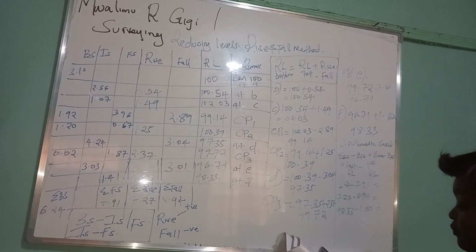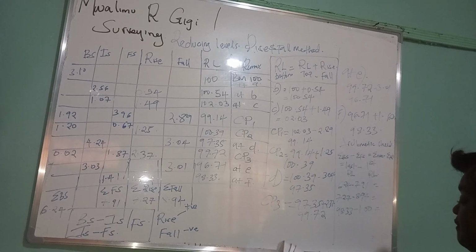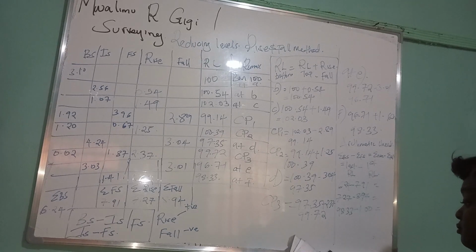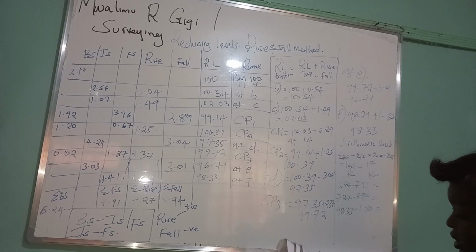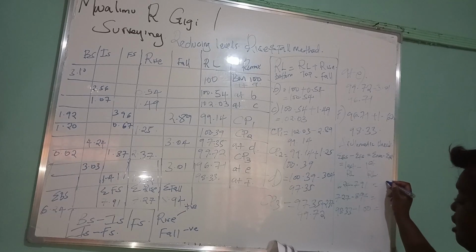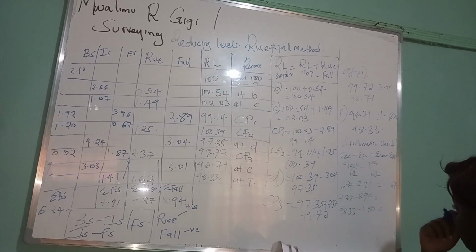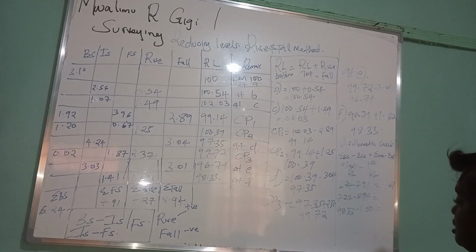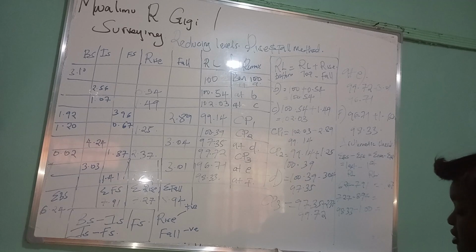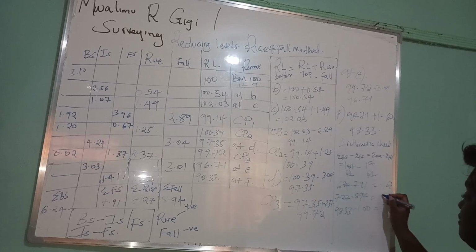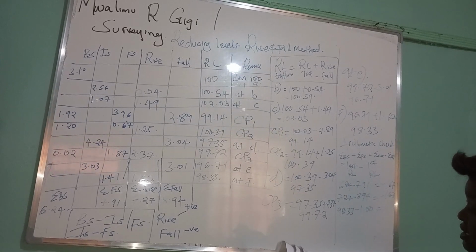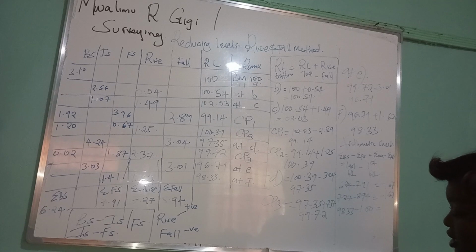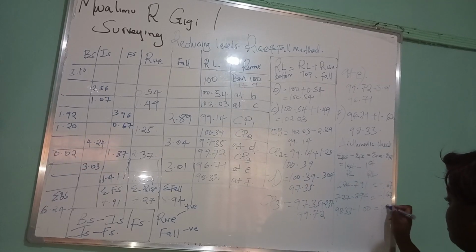So it is 6.24 minus 7.91, which is negative 1.67, and 7.27 minus 8.94, which is negative 1.67, and lastly we have 98.33 minus 100, which is giving us negative 1.67.